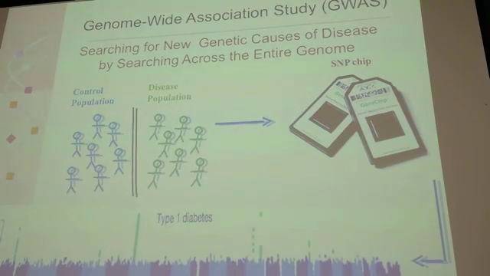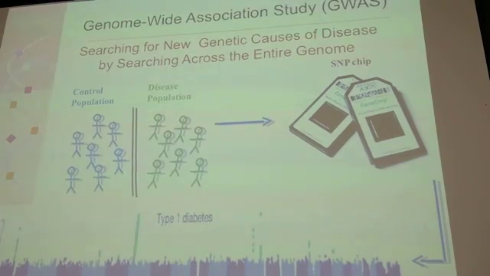There are 22 plus X and Y, and they're shown in alternating blue colors here, 1 through 22. And the places where there is a strong association of a single SNP or a region of SNPs with a trait, in this case, type 1 diabetes, diabetes that is due to lack of insulin production.